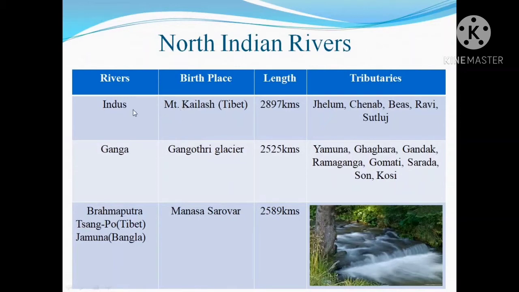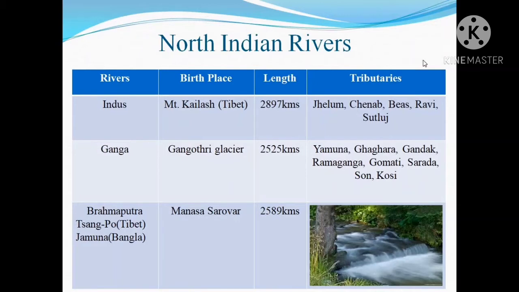This Sindhu or Indus river takes its birth in Mount Kailash, that is at Tibet. It is 2,897 kilometers long. Actually in that, only 709 kilometers lies in India, remaining fully in Pakistan.